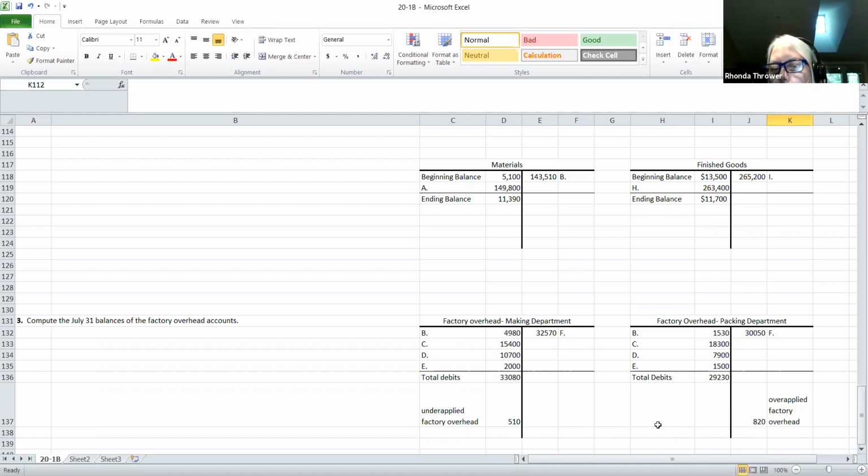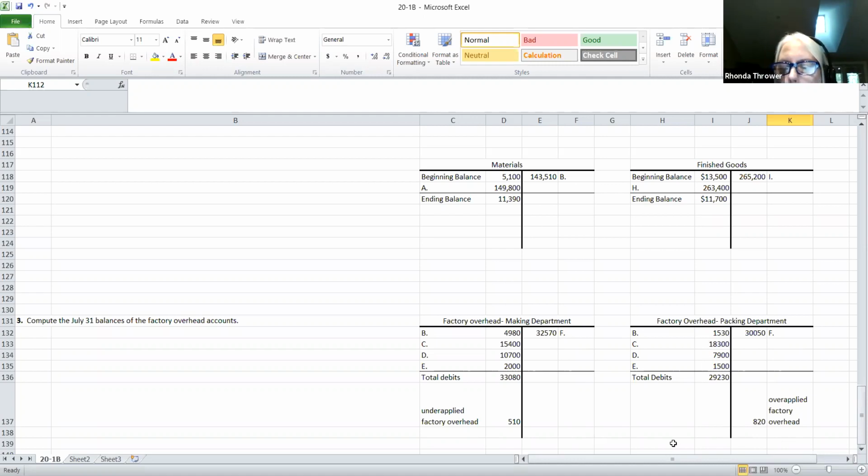We would carry this factory overhead balances in both of these departments till the end of the year. Once we get to the end of the year, we will close out the factory overhead account and transfer it into cost of goods sold.